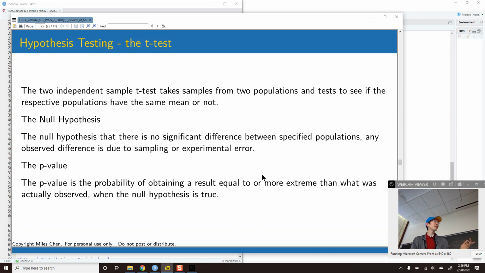And then there's the p-value. This is the definition that if you graduate in statistics and somebody later on asks you on the street, what's the p-value? I don't think anybody ever will, but this is the answer you've got to give. The p-value is the probability of obtaining a result equal to or more extreme than what's actually observed, assuming that the null hypothesis is true, right?